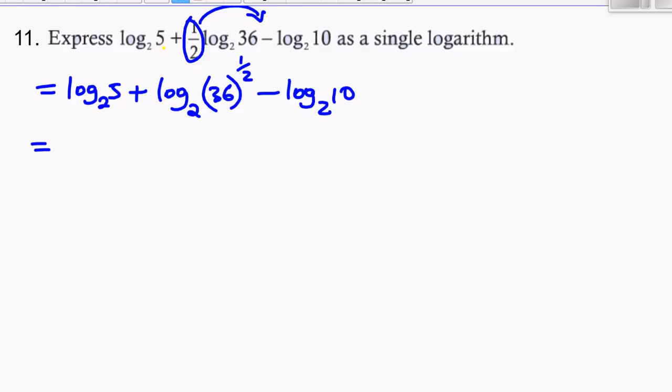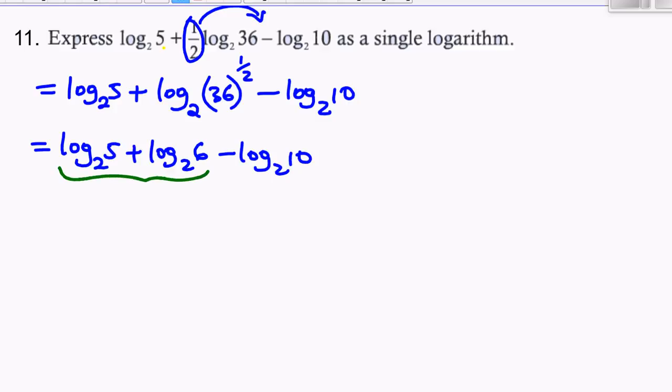That will simplify to log to base 2 of 5 plus log to base 2 of, if you remember indices, power a half is same as square root, so that will be 6 minus log to base 2 of 10. These two guys here, we can simplify them by saying that log to base 2 of 5 multiplied by 6 minus log to base 2 of 10.